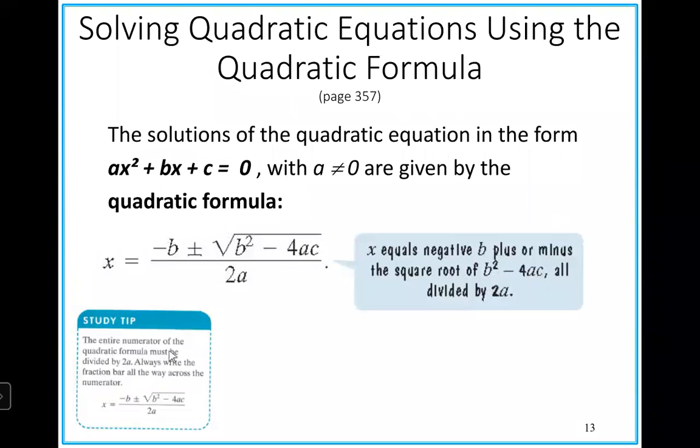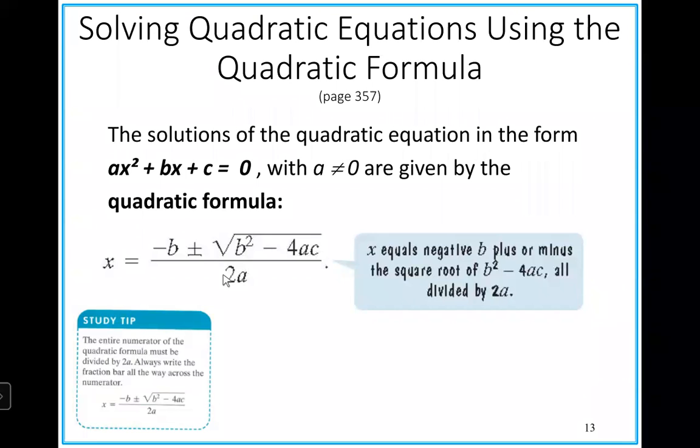It says the entire numerator of the quadratic formula must be divided by 2a. Always write the fraction bar all the way across the numerator. Some people tend to only write it partially. It needs to be all the way across when you're doing your working.